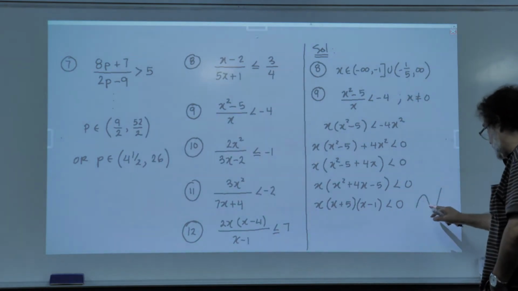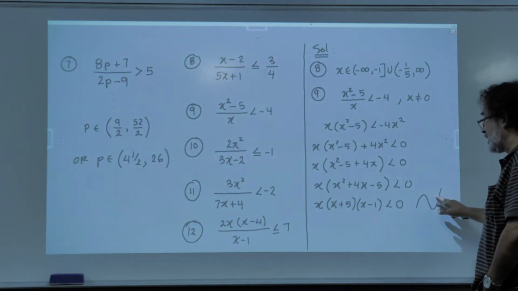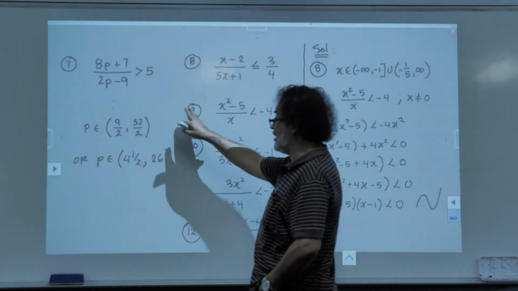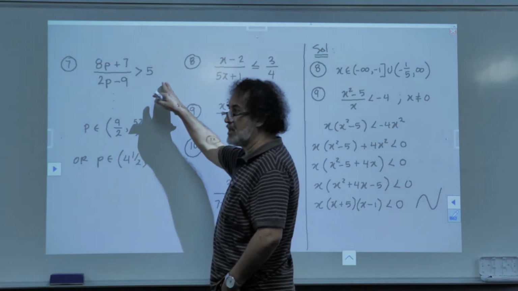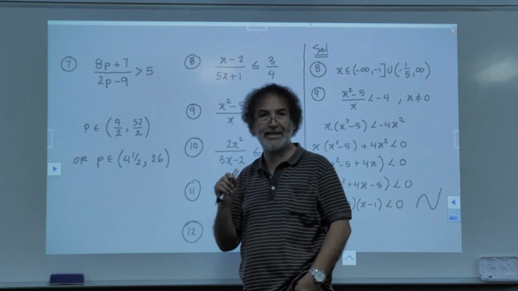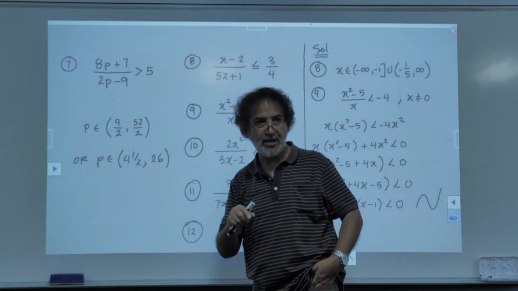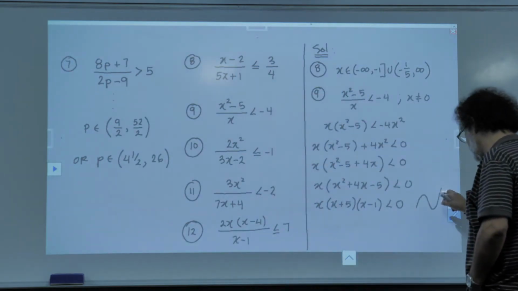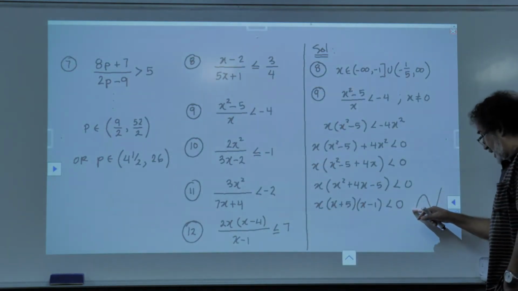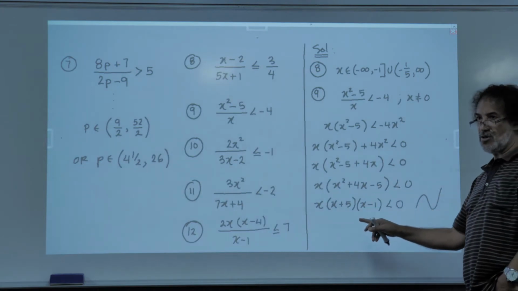I'm going to do this, but keep in mind that we're going to do it in detail later. For now I'm going to show you. The reason it looks like this is because of that cube.